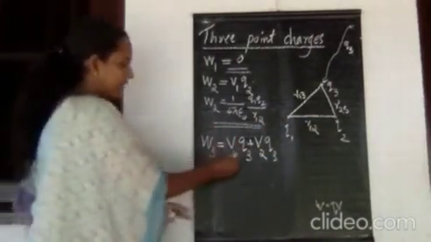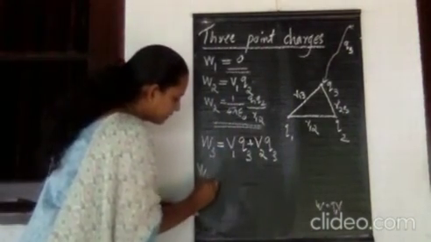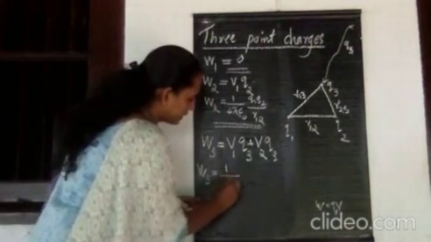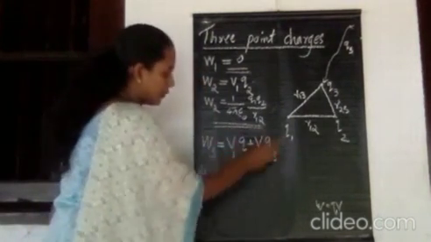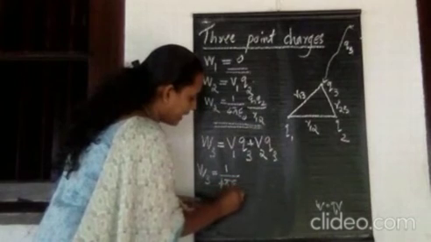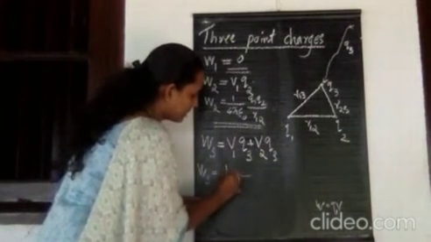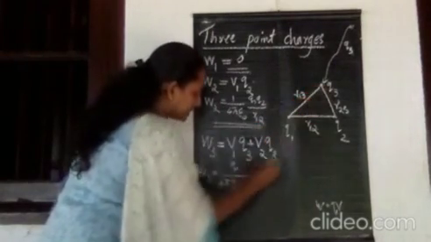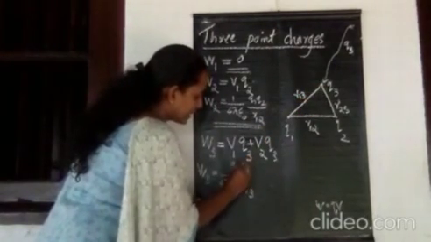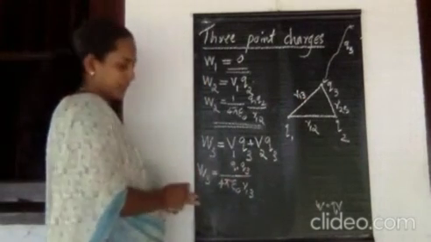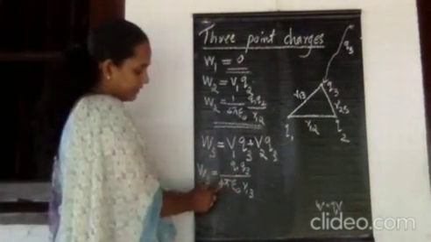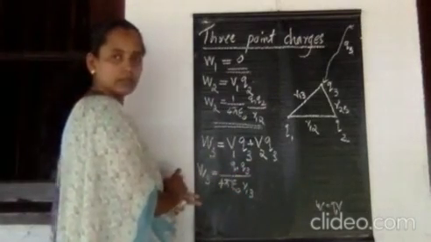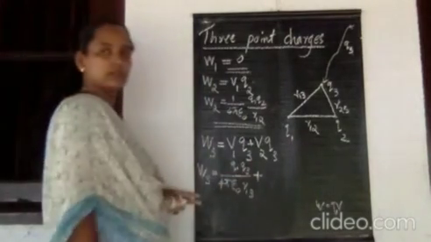So how can you write this formula? W3 means V1. What is V1? That is the potential at that point due to the Q1 charge, that is 1 by 4 pi epsilon 0 Q1 divided by this distance R13, into which charge? Q3 charge. Therefore, that is Q1 Q3 divided by 4 pi epsilon 0 R13, plus V2.